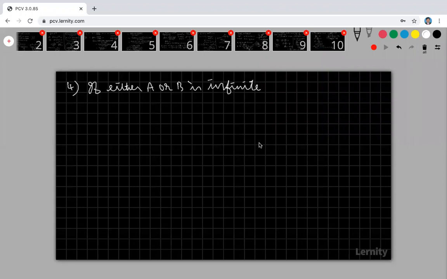What is a finite set? An empty set is a finite set, or a set having a definite number of elements is finite. A set that is not finite is called infinite. If either A or B is infinite, then A cross B is also infinite. If any one is infinite, then A cross B is also infinite.